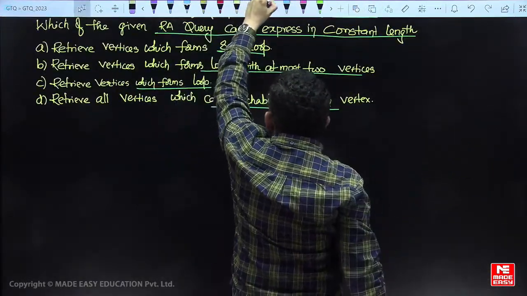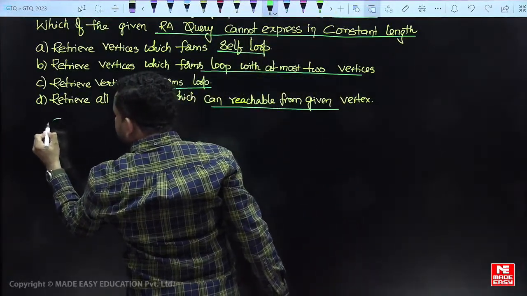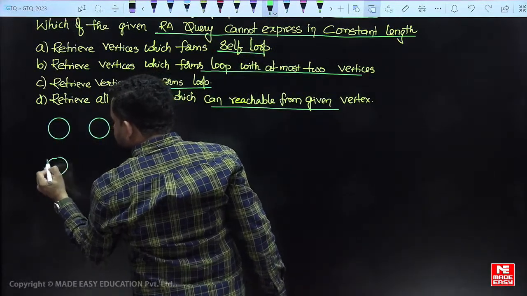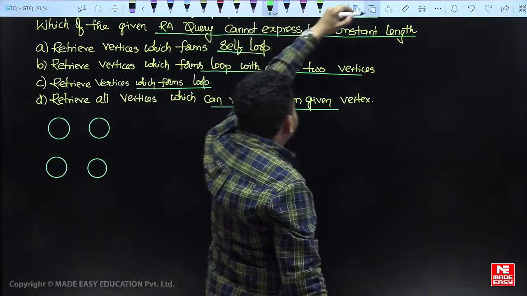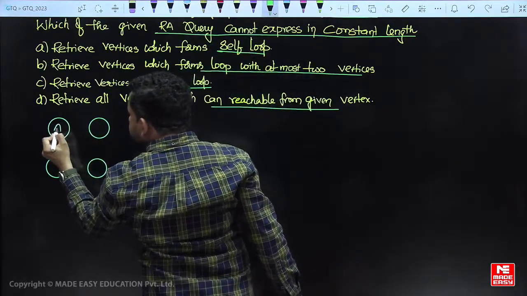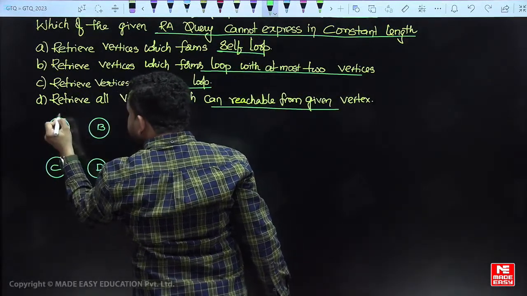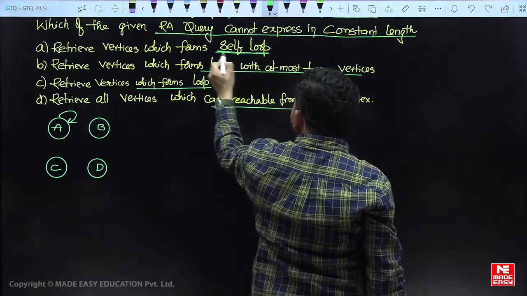It means that graph edges are stored in an RDBMS table. For example, if we have some graph like this, the graph edges are stored in an RDBMS table. Assume that there may be a self loop, because one of the options mentions self loop.